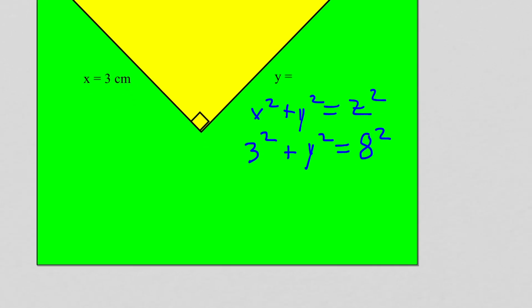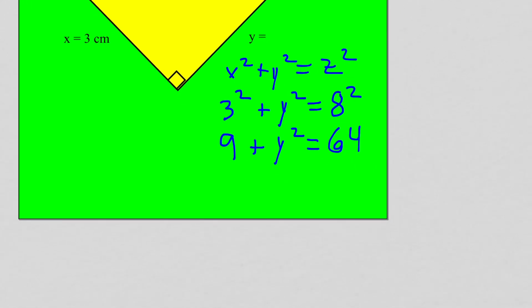Now, if you wanted, you could say y squared plus 3 squared equals 8 squared. It's the same thing, but I'm going to do it like this because it's good that we see these equations written a little bit differently sometimes. Okay, 3 squared is 9, plus y squared equals 64.